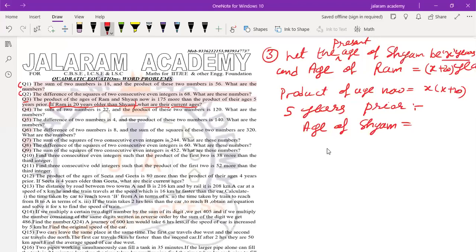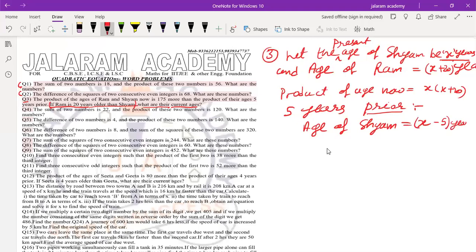So think about your age before 5 years. If you are 16 years old this time, then before 5 years you were 16 minus 5, 11 years old. It means if this time the age of Syam is X years, we have to subtract 5 from the age of Syam. Always write X. 5 subtracted from the age of Syam.